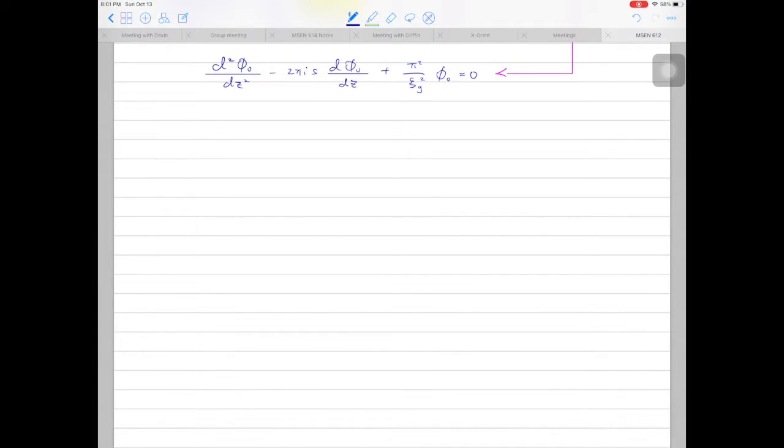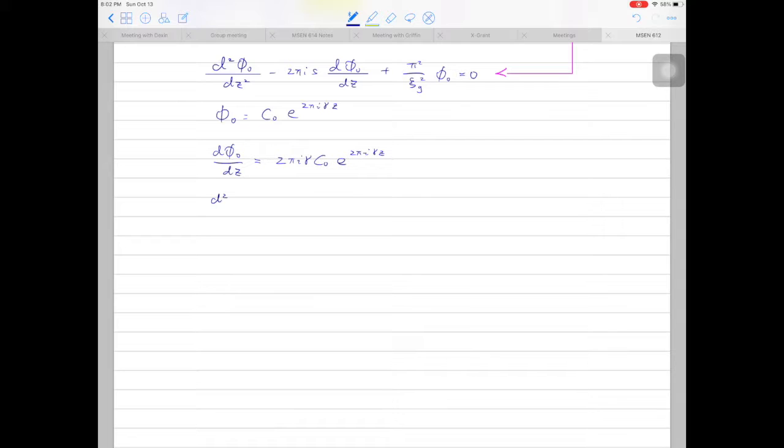For second-order differential equations, the solution takes this form. So phi naught is equal to c naught exponential 2 pi i gamma z. So d phi naught over dz can be written down as 2 pi i gamma c naught e to the power 2 pi i gamma z.